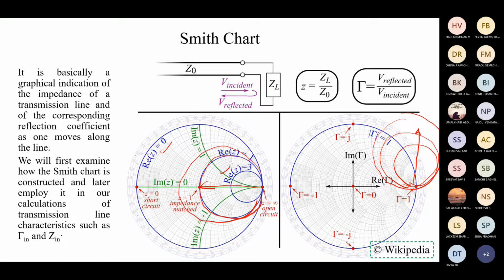We can even use this same chart as the reactance chart. What we have to do is simply take the inverse of that. Inverse means the circles have to be put this way. If we rotate it by 180 degrees, the admittance chart will come.